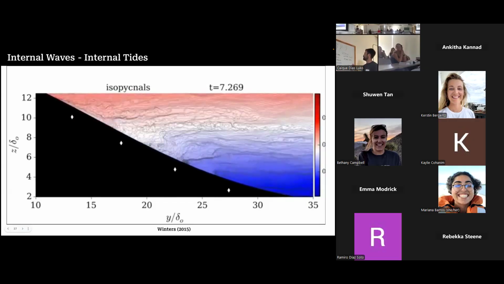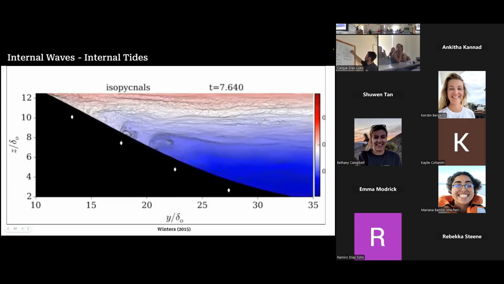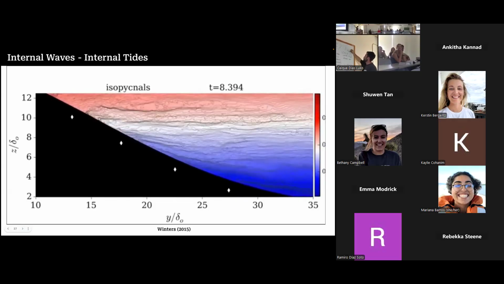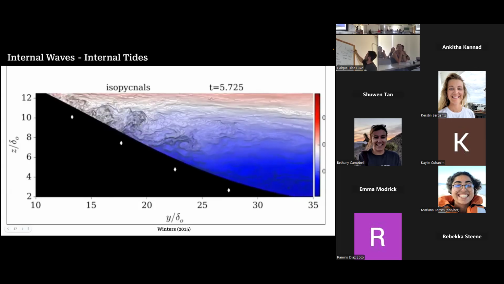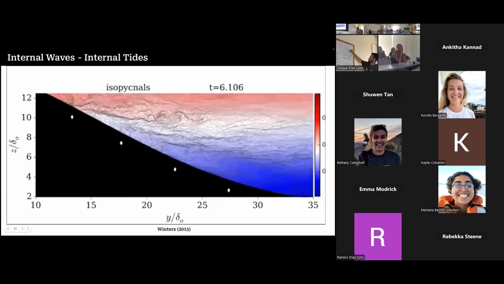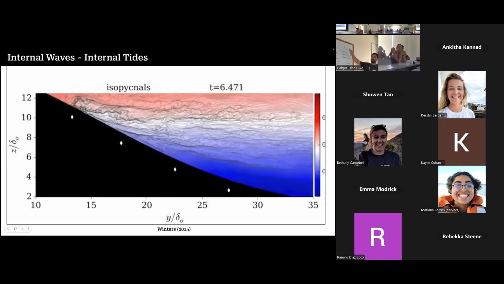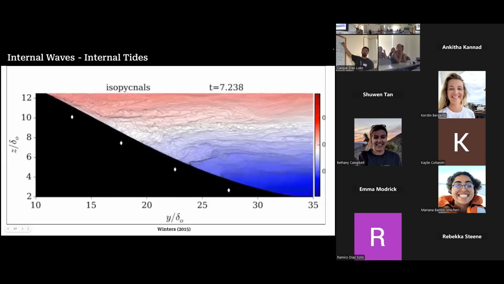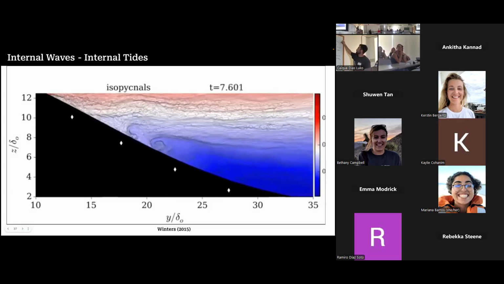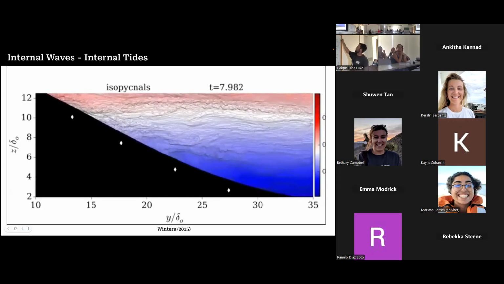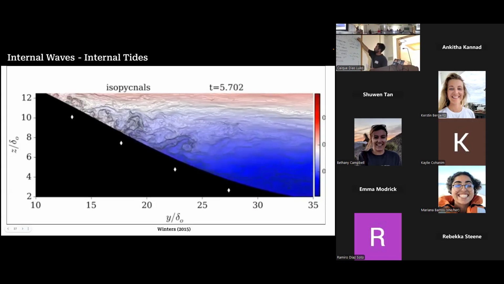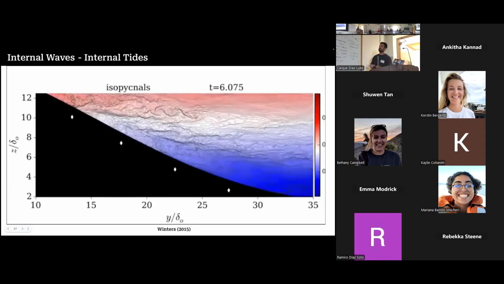Bores are when you have an isopycnal that is really vertical and it propagates up, not always attached to the bottom. There's a lot of turbulence associated with this too. So the bore propagates up, and then when the flow reverses sign, you're going to have this overturn that's represented in the video.